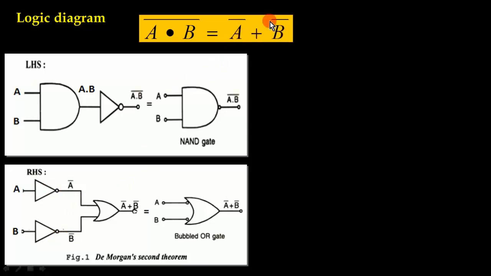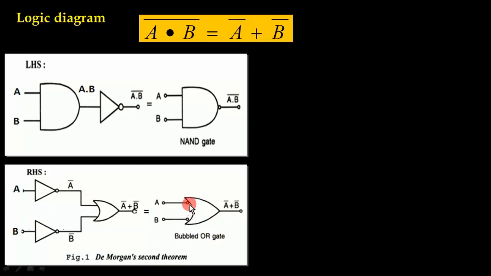These two inputs must now be ORed. Therefore we require an OR gate. At the output of the OR gate we get A complement plus B complement, or this can be simplified as an OR gate where these two inputs are complemented, and that is shown by a bubble. A NOT gate is always represented by a bubble.